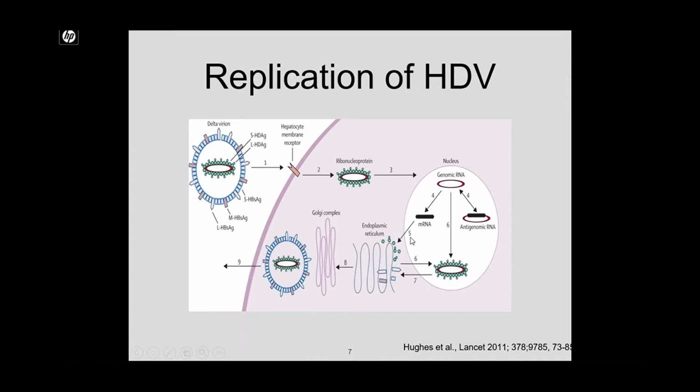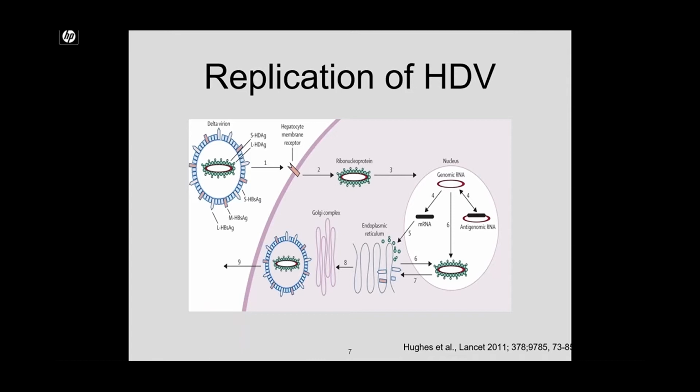The second phase, occurring in the nucleus, is peculiar to hepatitis D virus. It's very interesting to see what is called the double rolling circle formation of the genomic and antigenomic RNA, which is a covalently closed circular RNA made by polymerase II in the nucleolus. Some studies also show polymerase I could be involved. This antigenomic RNA may act as a template for further production of the genomic RNAs.